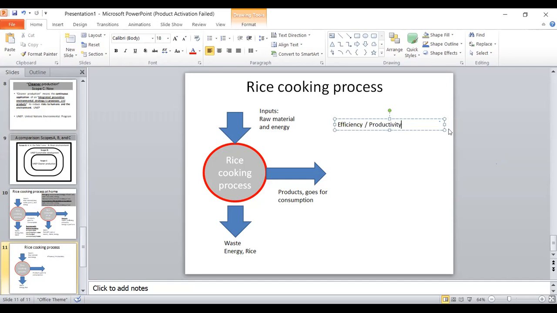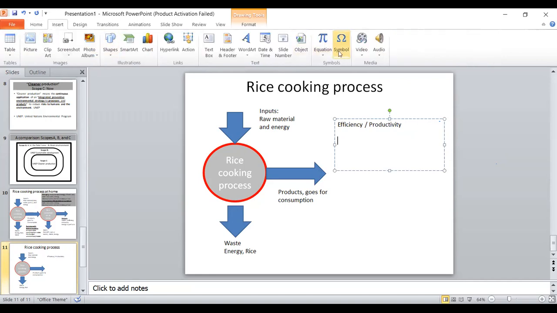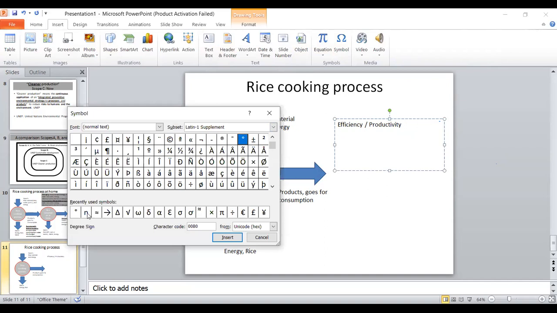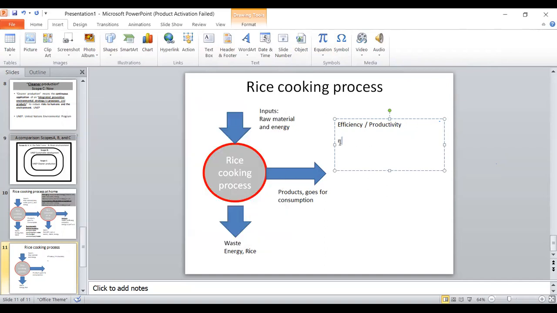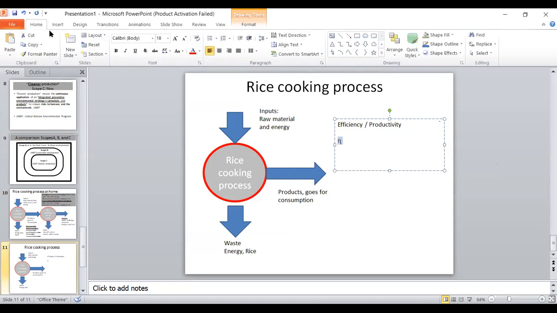Efficiency and productivity. Let me take a symbol for that.